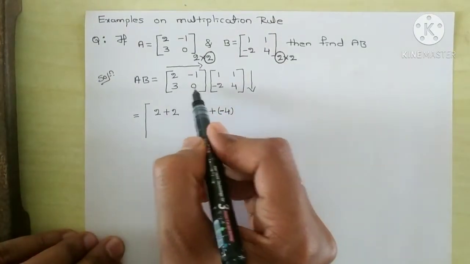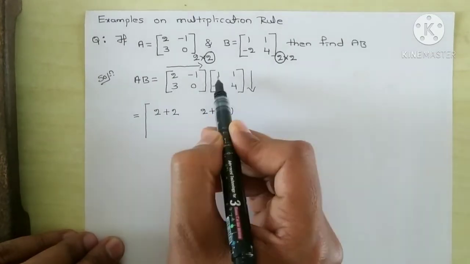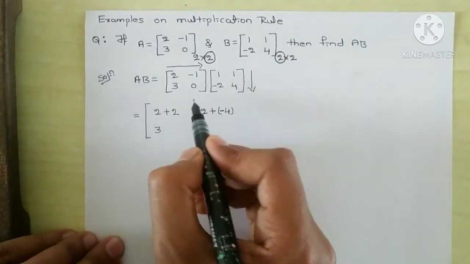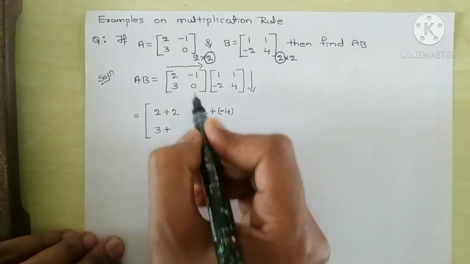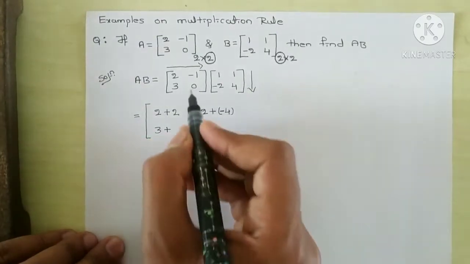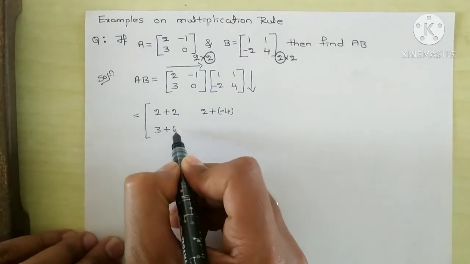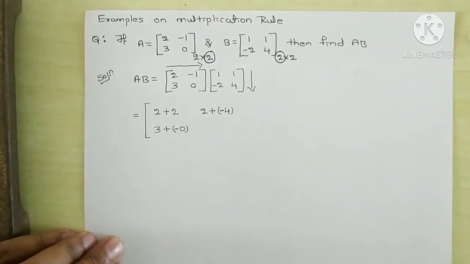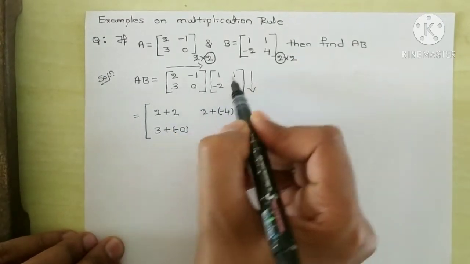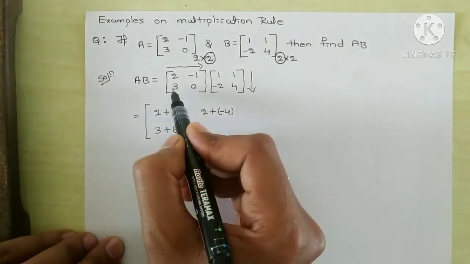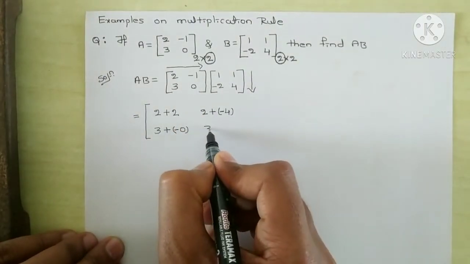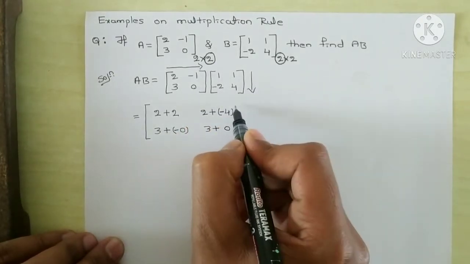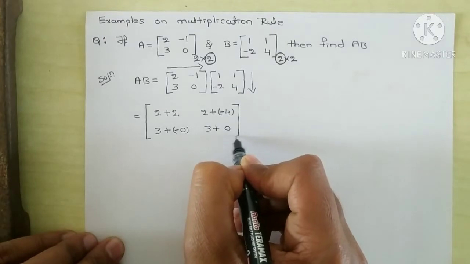Next, second row, first column: 3 into 1 is 3. Next, the middle plus sign. Next, 0 into any value, plus into minus is minus, and 0 into any value will be 0. Next, second row, second column: 3 into 1 is 3, plus 0 into 4 is 0.